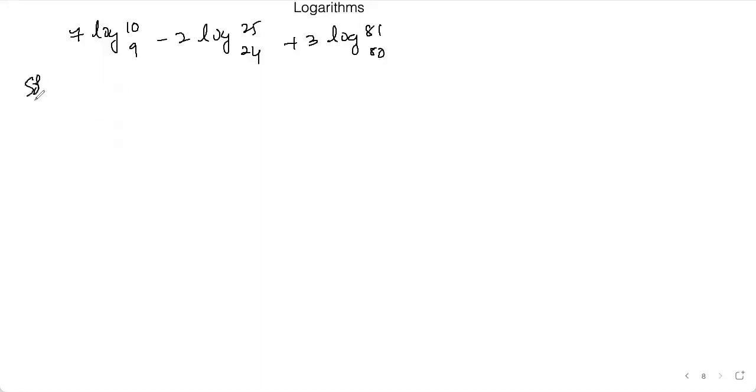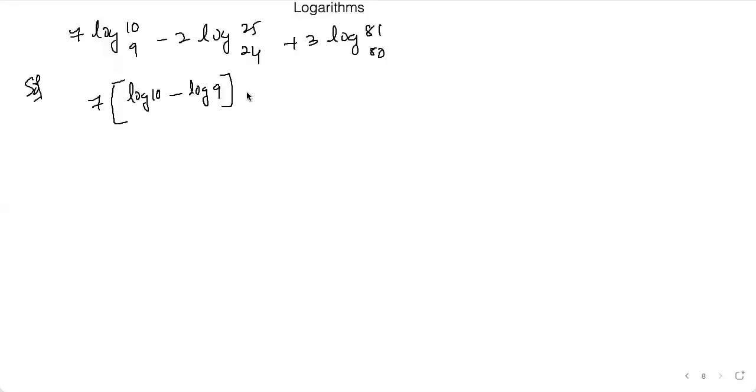Okay, let us try to find solution for this. So 7, this is log m minus n. So log 10 minus log 9, fine.